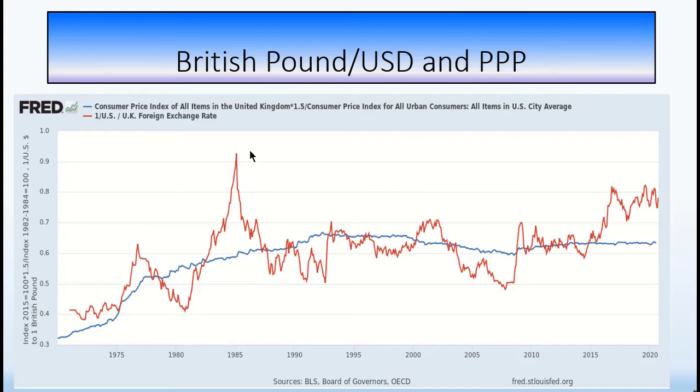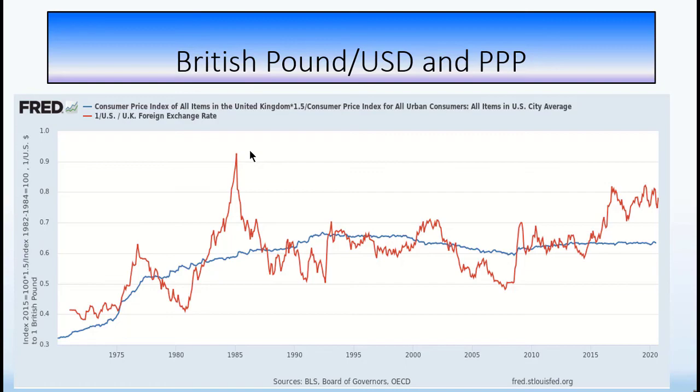I think there are two points that are interesting in this graph. One, look at the big spike in 1985. That's a weakness in the pound relative to the dollar. We had just come out of a really severe recession in the early 1980s. Ronald Reagan was president at the time, and we had a big tax cut in this country, so the world was looking at us and expecting a very strong economy.